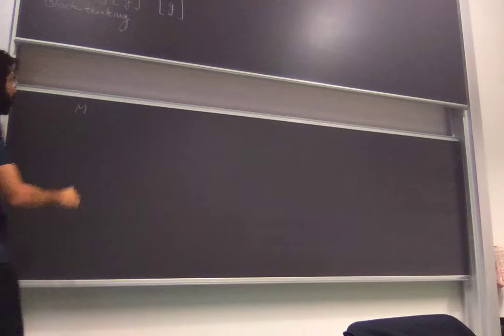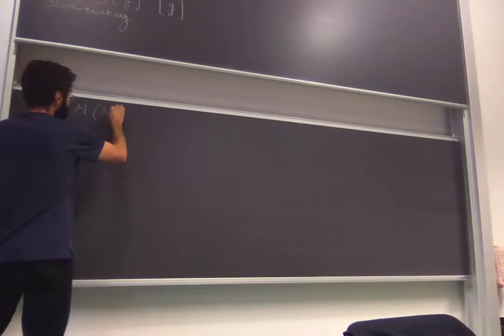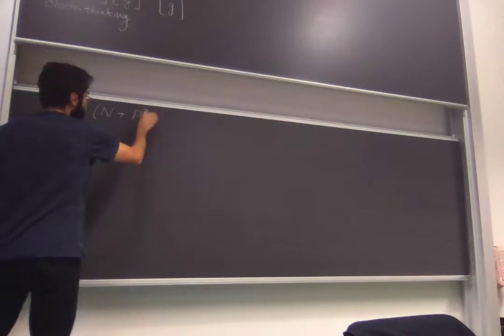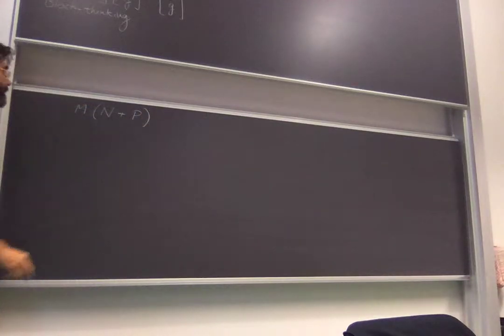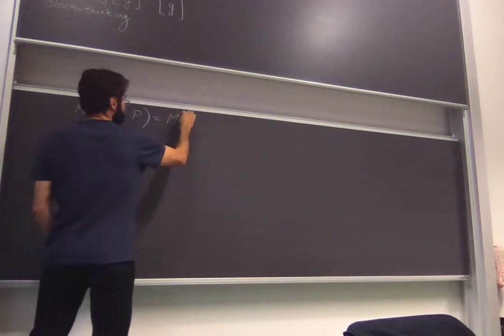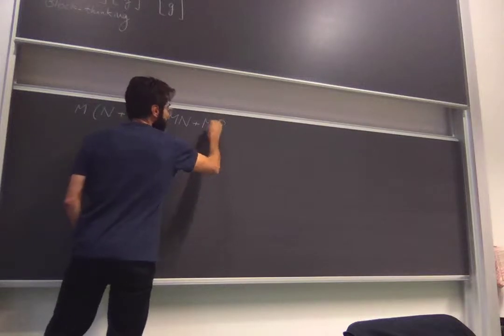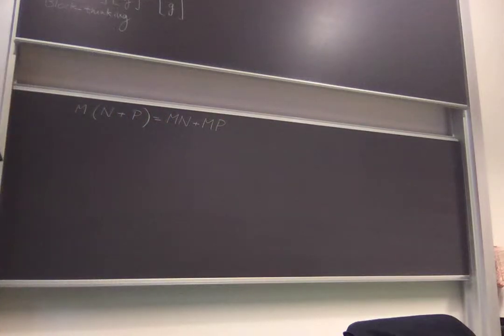Mysterious objects that can multiply other mysterious objects, like N, P, and that behave this way. Usually multiplication is not indicated with any sign, so let's keep with that convention.